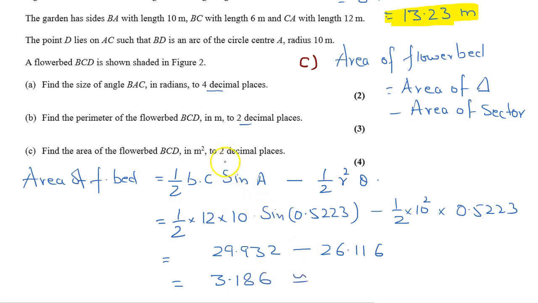Up to 2 places of decimal it is 3.19 meters squared. So that is the answer.